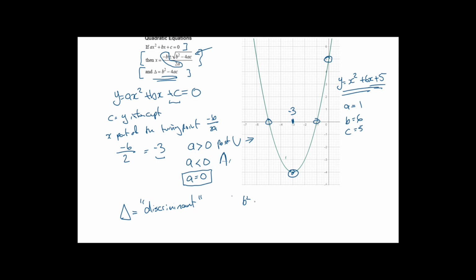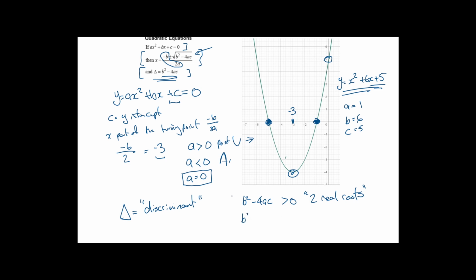If b squared minus 4ac is greater than 0, there are two real roots. Right, so in this case, b squared minus 4ac must be greater than 0, because there are two roots here.